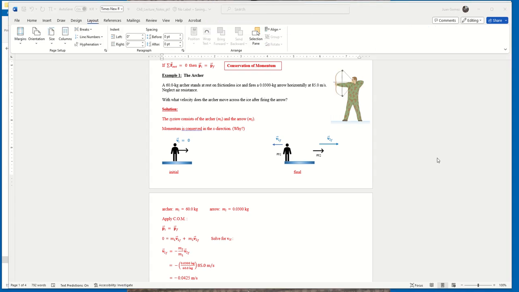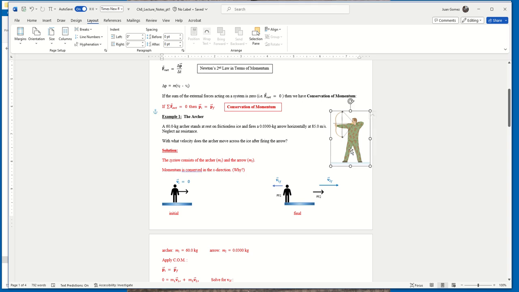What if the picture had been reversed? Well, it doesn't matter. You're going to get the same answer. Just the archer would be moving in the positive x. But again, momentum is conserved because there are no external forces acting in the x direction.